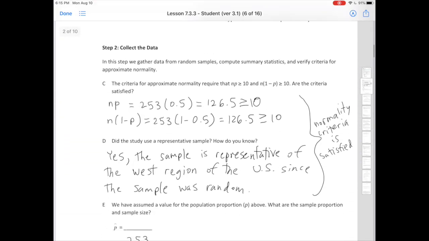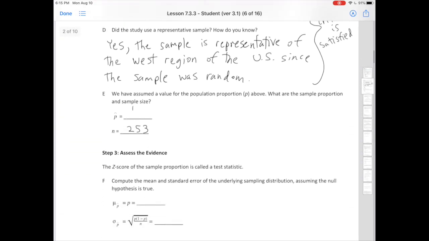So we know that this is going to be 134 over 253. So if I do that in my calculator, I actually end up with 0.5296, and so that rounds to 0.530.